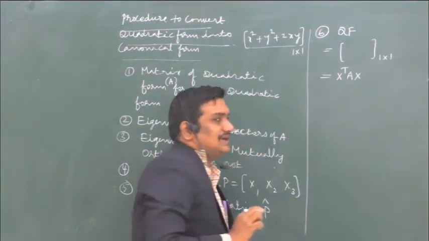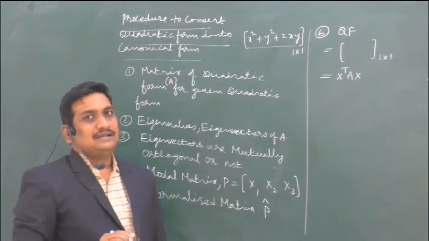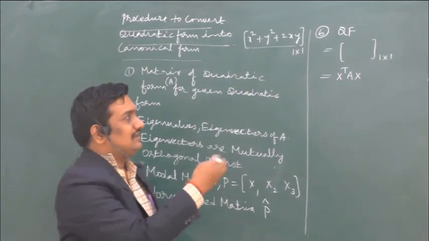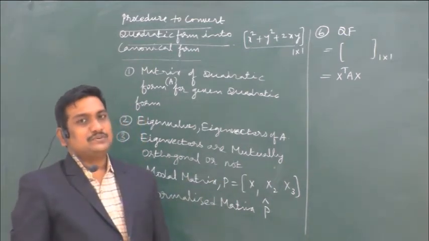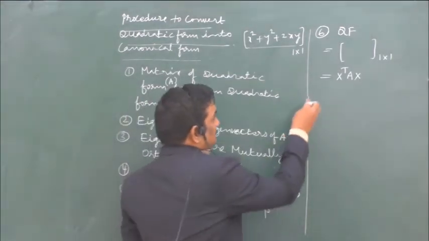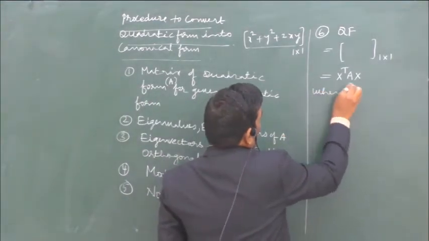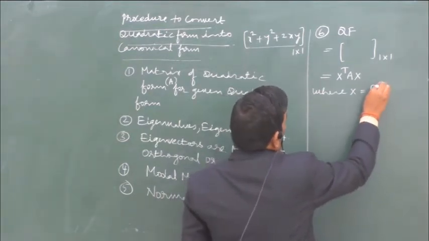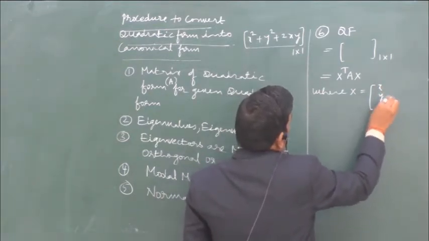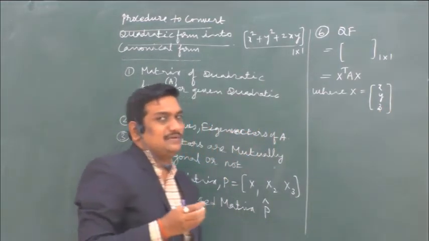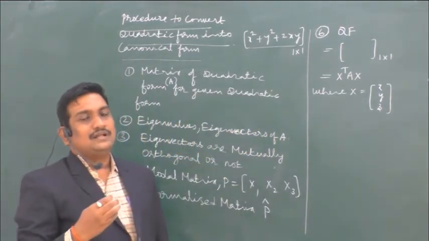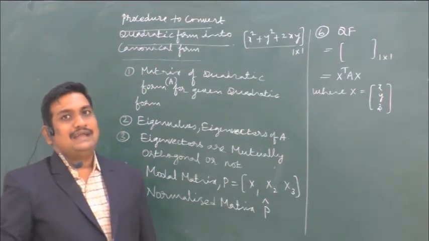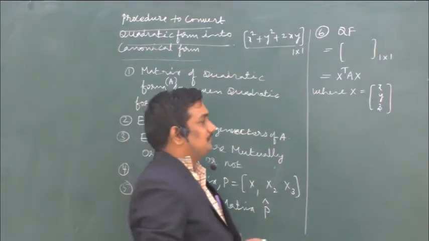If a quadratic form is given, it can be assumed as a 1 by 1 square matrix that can be further represented as X transpose AX, where X is a column matrix having the variables. There can be any number of variables, 2 or 3. In our syllabus we talk about 2 variable and 3 variable quadratic forms.